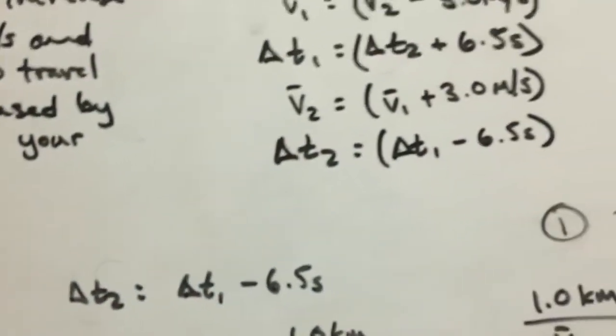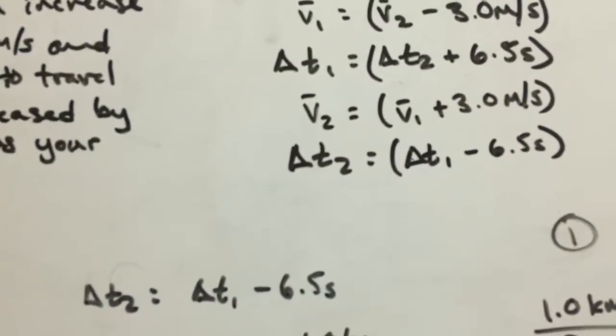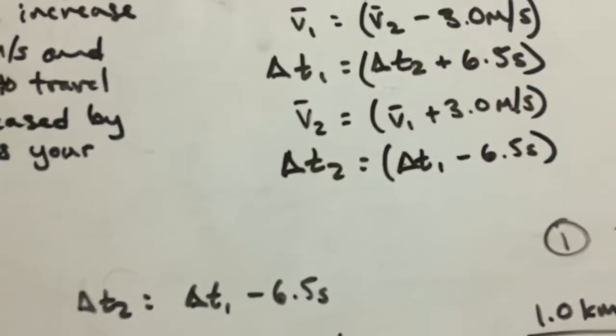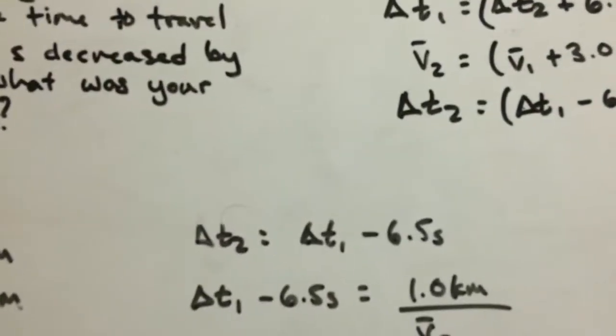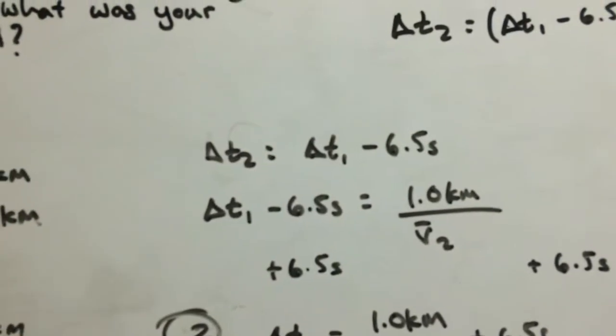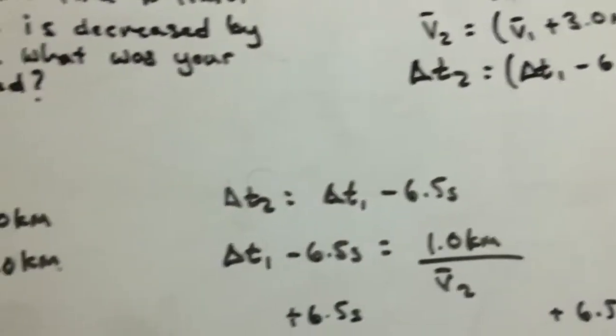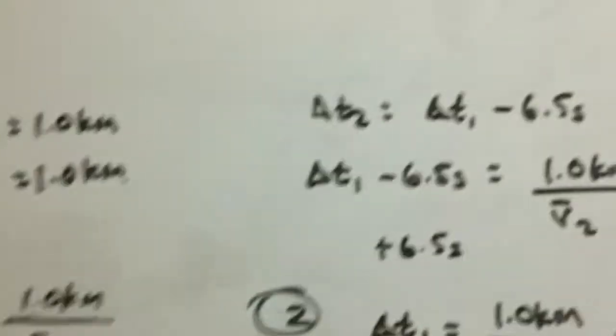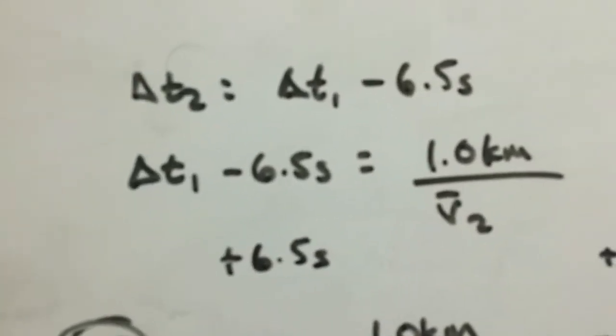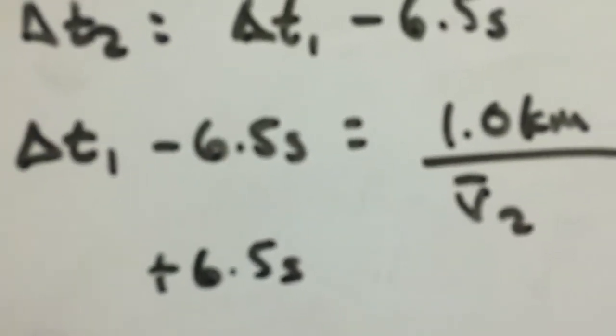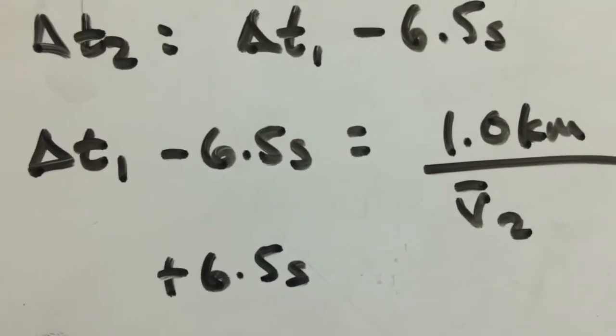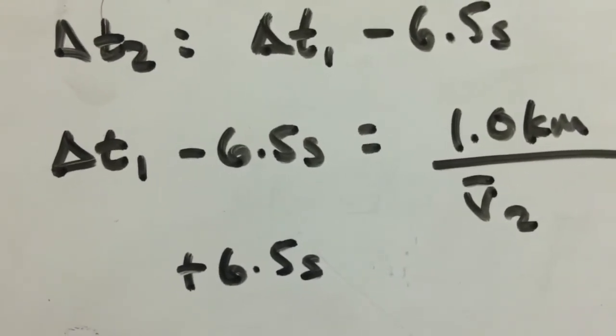Now, from our previous equations, we see that delta T2 is equal to delta T1 minus 6.5 seconds. So we're going to rewrite that for delta T2 and insert it into this equation, which we are left with that one. Then we're going to solve this for delta T1.